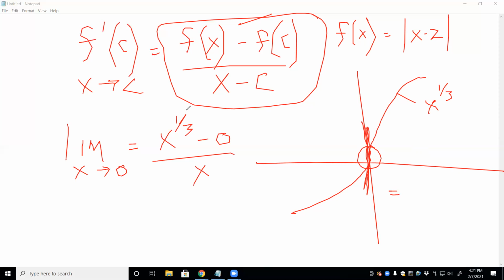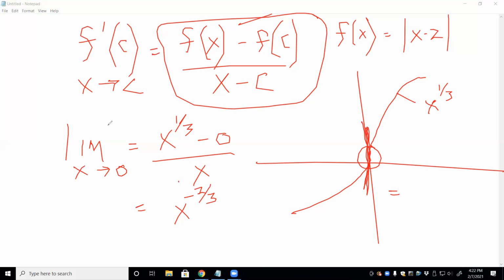Well, that's x to the 1/3 over x, so subtracting exponents gives you x to the minus 2/3, which is the same as 1 over x to the 2/3. It's infinity as x goes to 0.